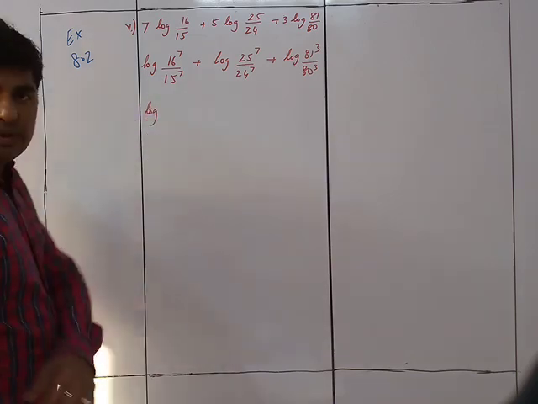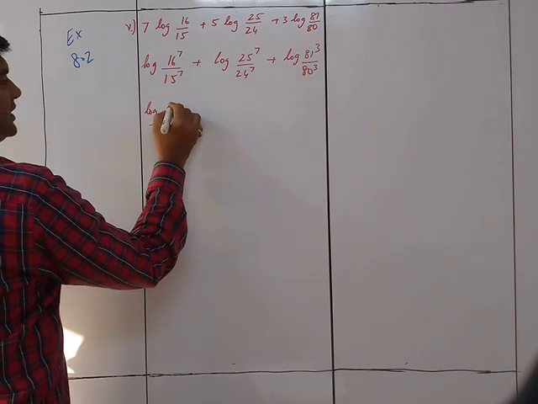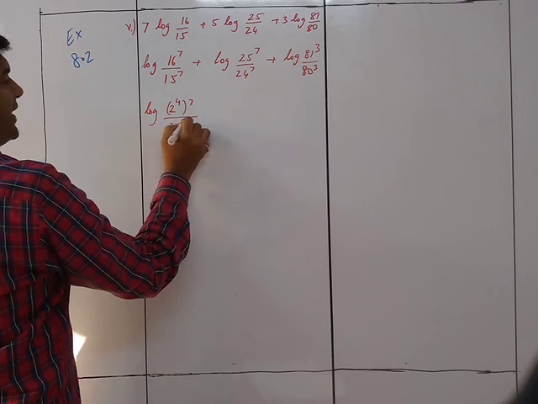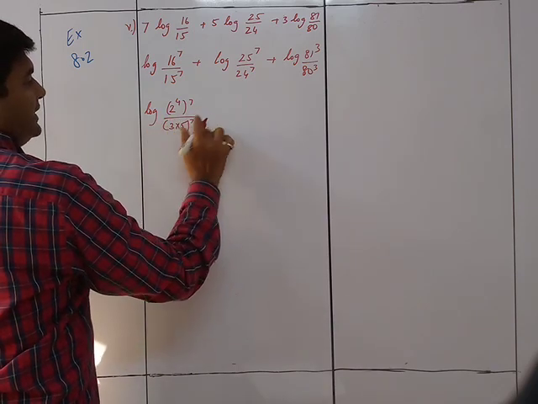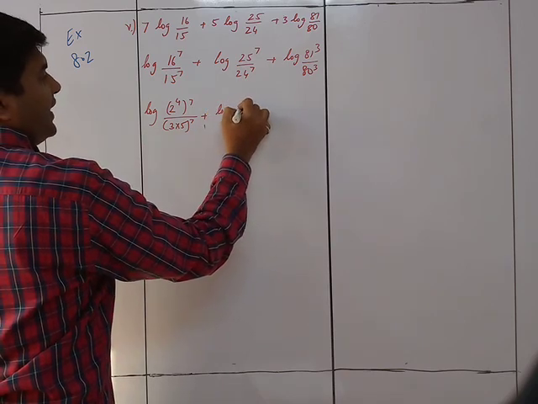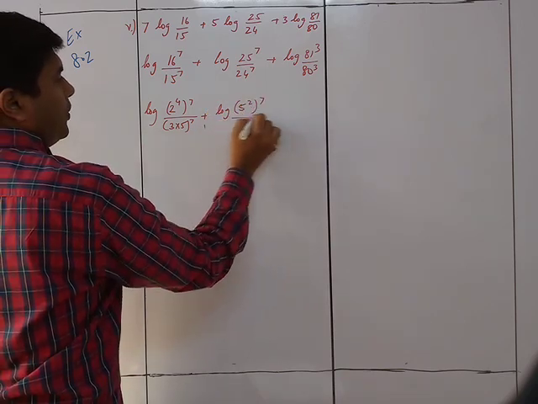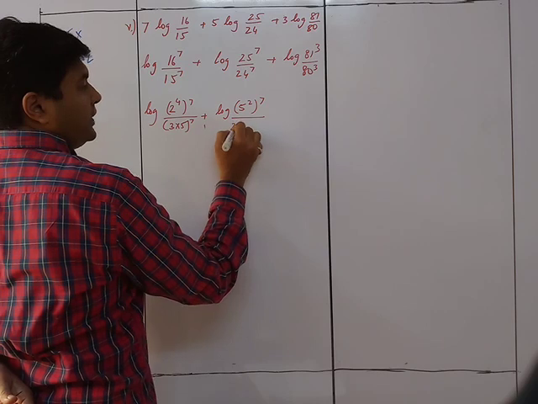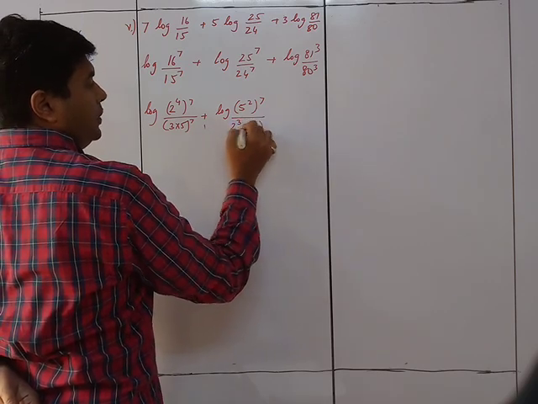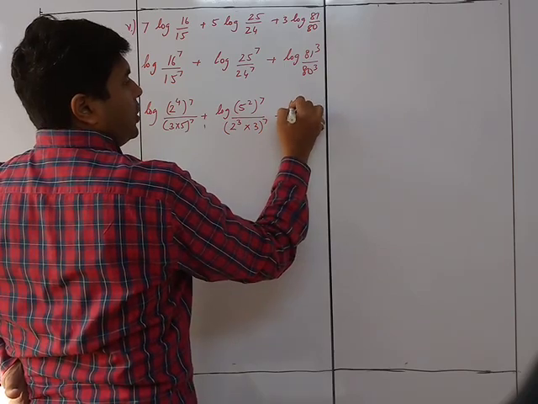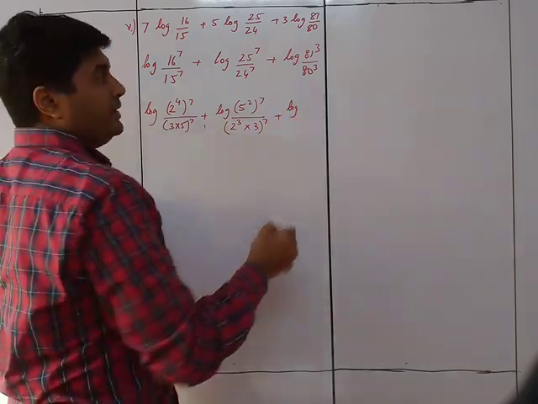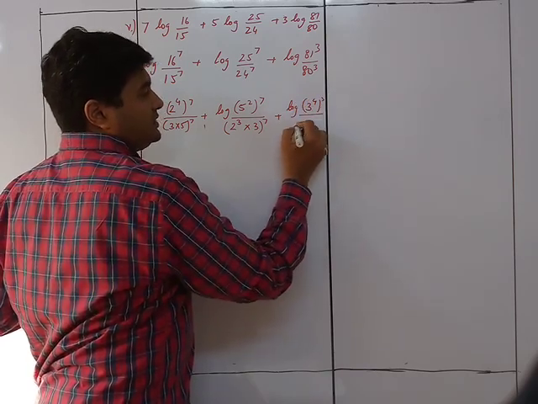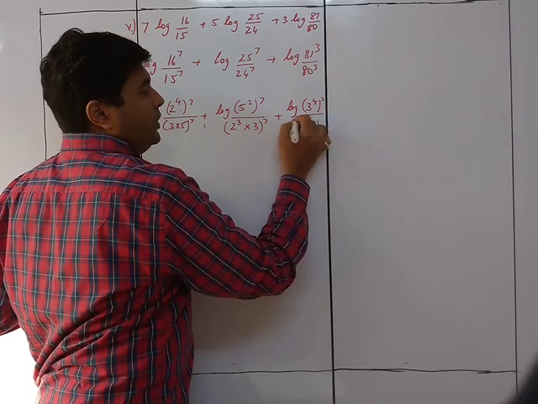Converting all the numbers in terms of 2, 3 and 5, this is nothing but 2 raised to 4 whole raised to 7 upon 3 into 5 raised to 7, plus log of 5 raised to 2 whole raised to 7 upon 24, which is nothing but 8 into 3, so that's 2 raised to 3 into 3 whole raised to 7, plus log of 3 raised to 4 whole raised to 3 upon 16 into 5, which is 2 raised to 4 into 5 whole raised to 3.